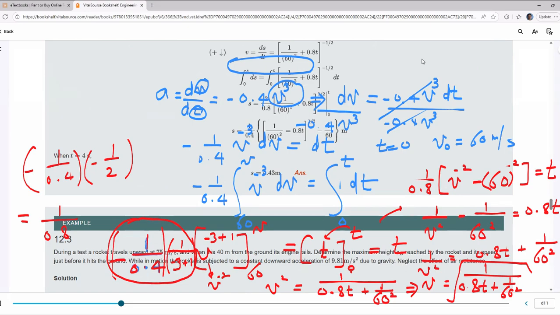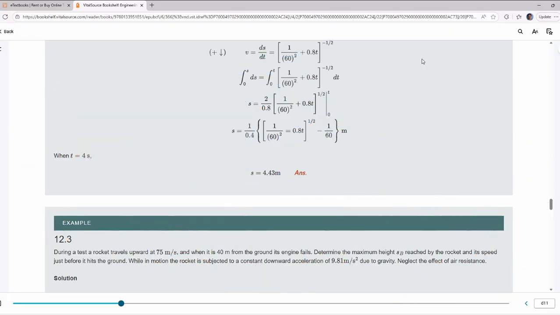Now then, on the left-hand side, the s variable and t variable are mixed. Okay, we can start from here. We separate the s variable and t variable, multiplying both sides by dt. Then the left-hand side is ds, and the right-hand side is the square root of 1 over (1 over 60 squared plus 0.8 t).